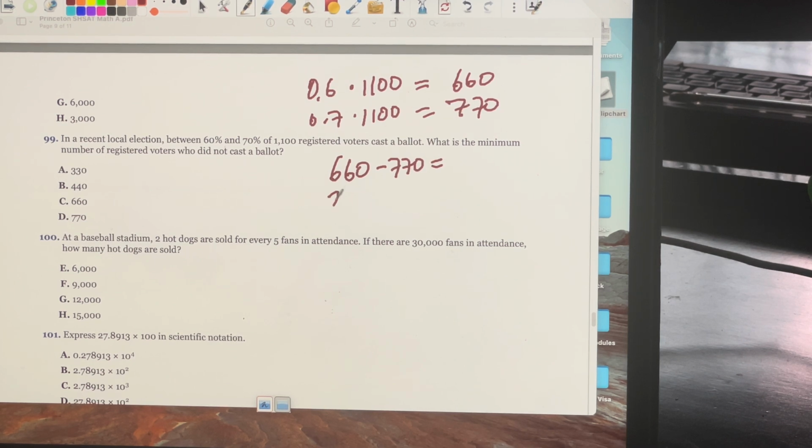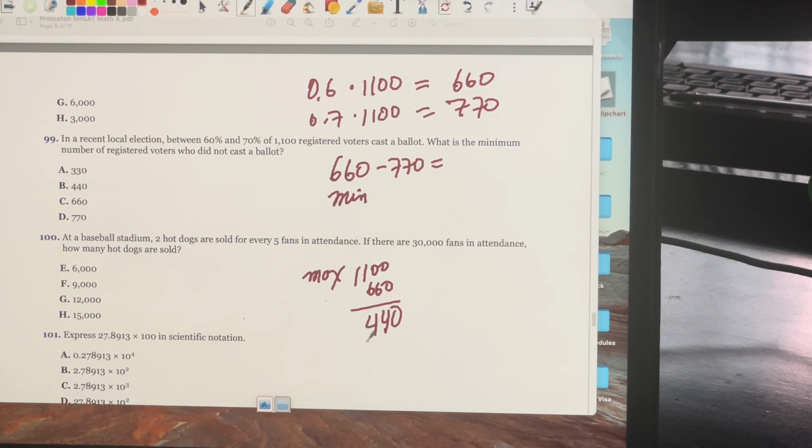So if the minimum amount of people voted, the maximum number of people who did not vote would be the difference between 1100 and 660. 10 minus 6 is 4, and then 10 minus 6 is 4.